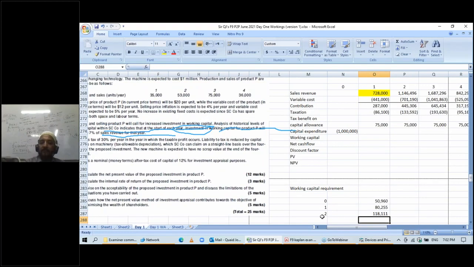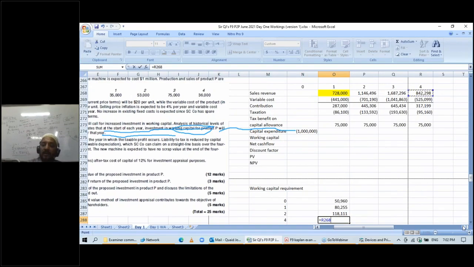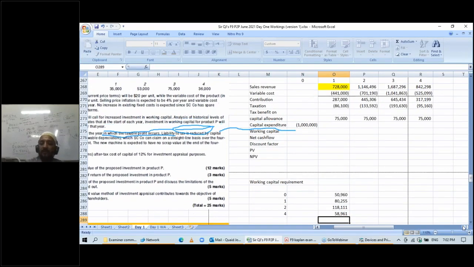And then by the end of third year or beginning of fourth year, you will take the sales of the fourth year, which is 842,298 into 7%. So 58,961 will be the requirement.